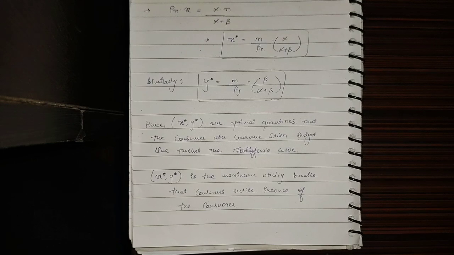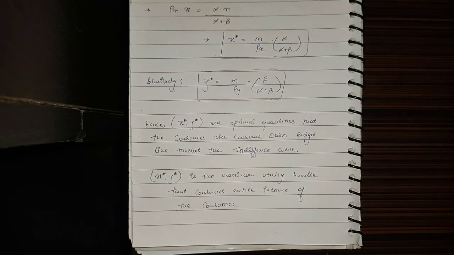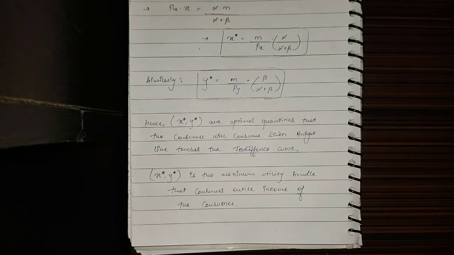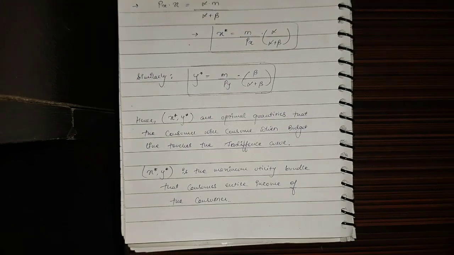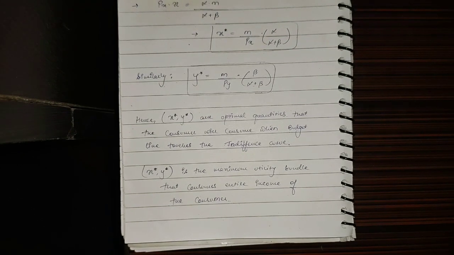X star and y star is the maximum utility bundle, meaning it gives the consumer the maximum utility, and it also consumes the entire income of the consumer, meaning the consumer is spending everything that he earns on consumption of the goods. So this was all about the first method, that is the slope of the budget line is equal to the slope of the indifference curve, and next we will be seeing the method of Lagrange.